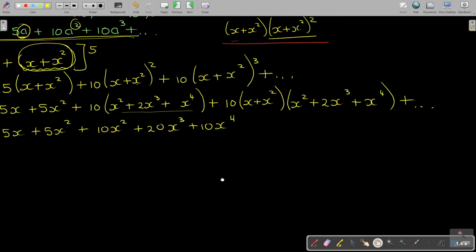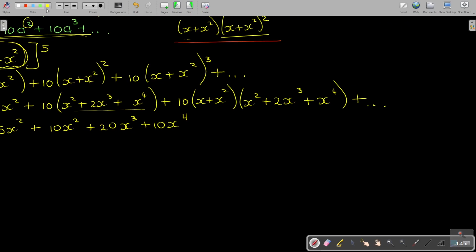Okay, now just be careful here. And I don't have to multiply all. So I just want to show you if it's 10. So if I'm going to multiply, the only one that will give me an x3, I just want to use it in red. If I multiply that one, from there on it will be bigger. So it's only this first one that will be 10x to the power of 3.